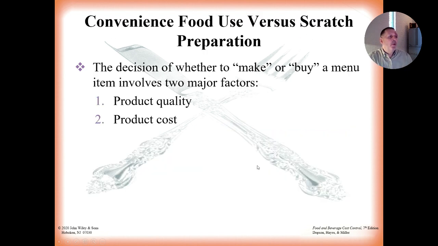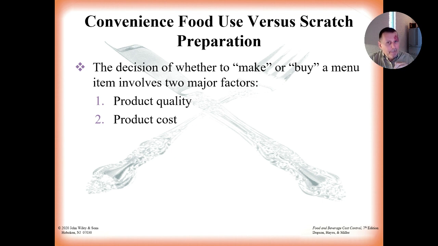Okay, so next one is convenience food versus scratch preparation. Now, we're talking about buying something pre-made or making it in-house. All right, so we're talking about efficiencies here, right? And productivity.